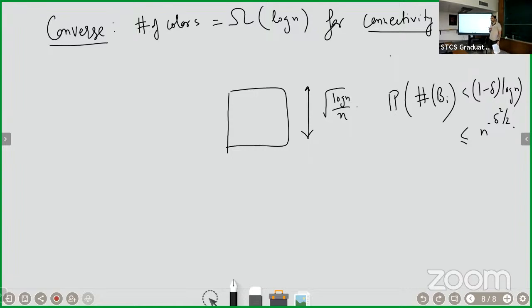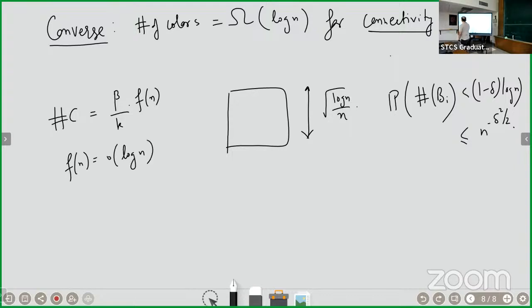Now, can you argue something about isolation? If the number of colors is less than log n, given that each box contains roughly (1 minus delta) log n points, the number of colors is beta over kappa times f of n, where f of n is little o of log n.